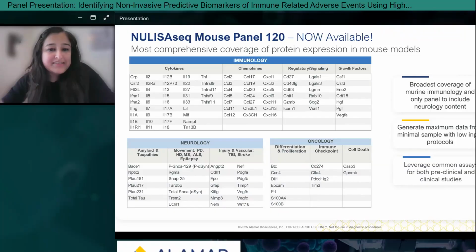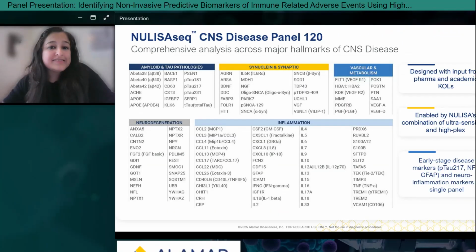The other multiplex panel that we have is the NULISA CNS disease panel. This panel was carefully curated from feedback from academic leaders as well as pharma and biotech leaders on some of the key pathological markers that are involved in neurodegenerative diseases.